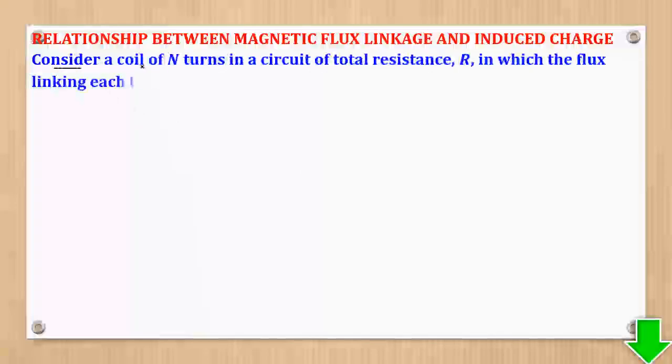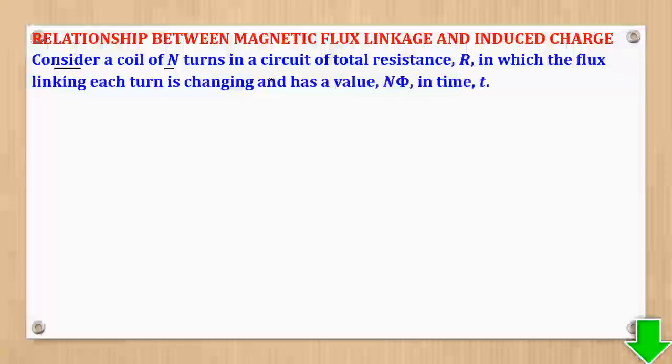So consider a coil of N turns in a circuit of total resistance R, in which the flux linking each turn is changing and has a value of N phi, where this is magnetic flux and this is number of turns, in time t.